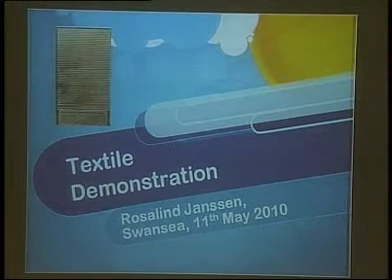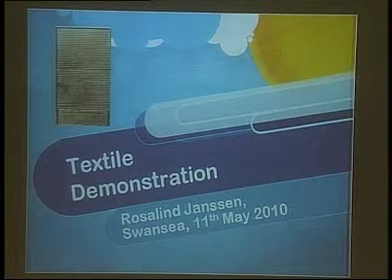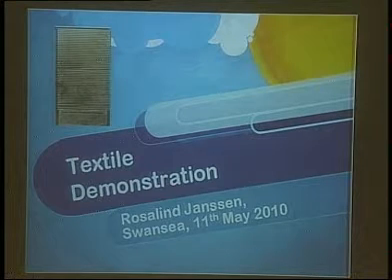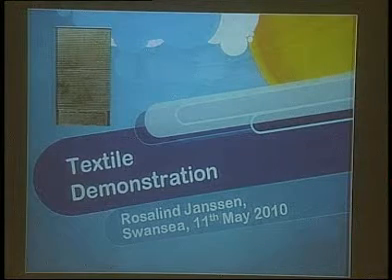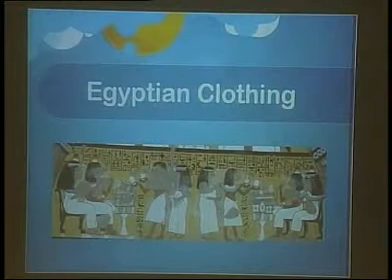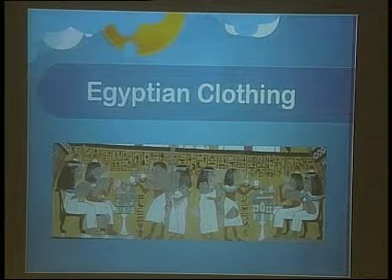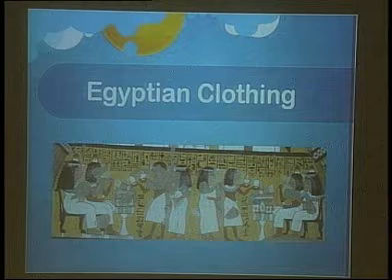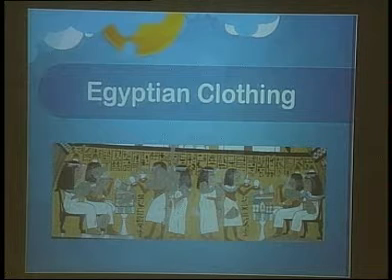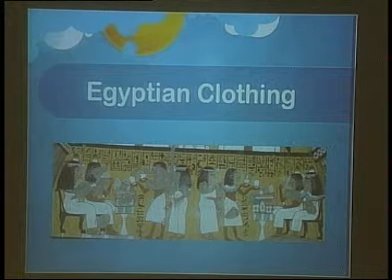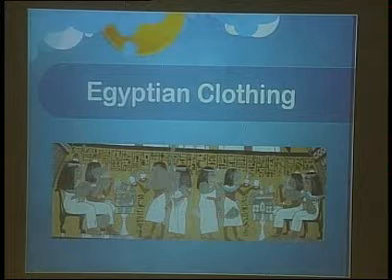And you've got an indication from the top left that what I might be demonstrating, or you might be demonstrating, is a little bit on pleating in Egyptian textiles. If we look at depictions of what the ancient Egyptians wore, the impression we get from the tombs is that the linen was very pristine.